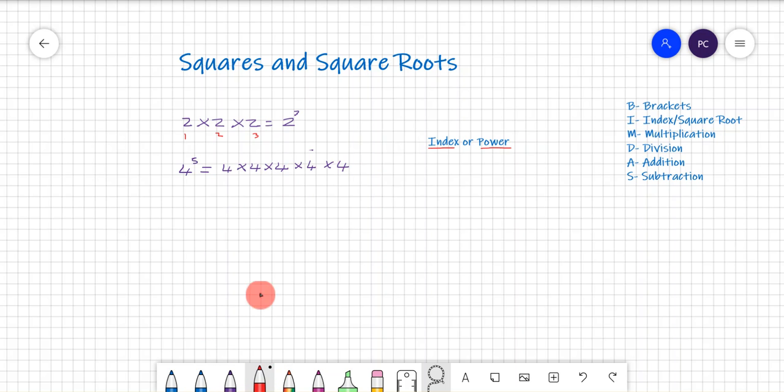Again, the number 4, the base number, comes from the number that's been multiplied by itself, and the number 5 is the index or power, and that comes from the number of times the number is multiplied by itself. So we have 1, 2, 3, 4, and 5.